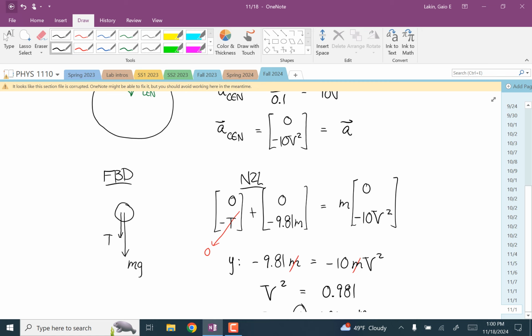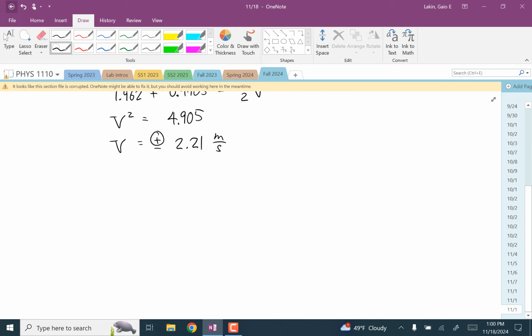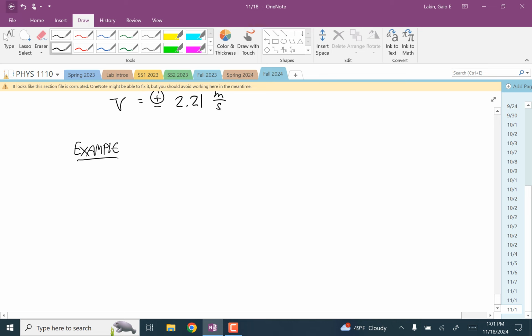Okay, let's do another one that's a little simpler. And as simple as this is to do, we don't have another way to do a problem like this either. So let's say there's a skier who starts at the top of this hill.